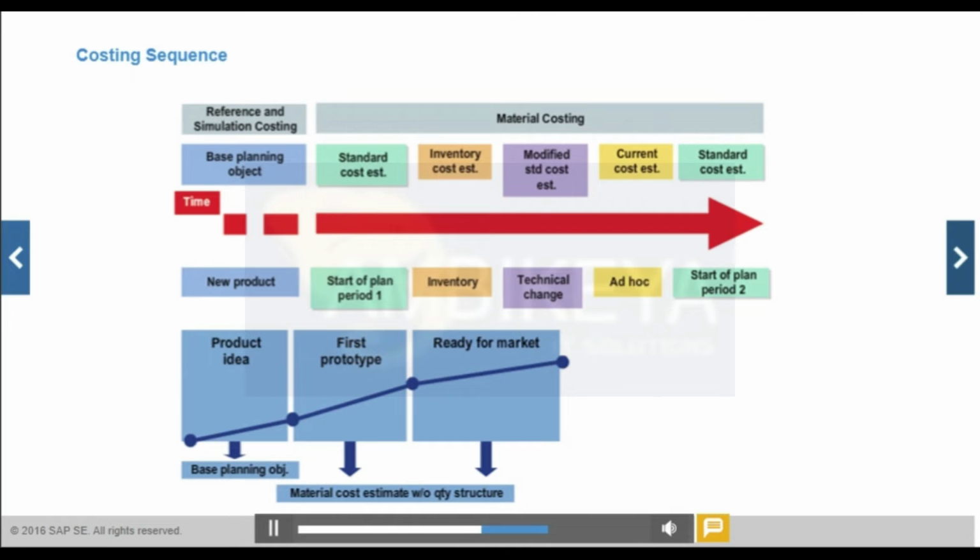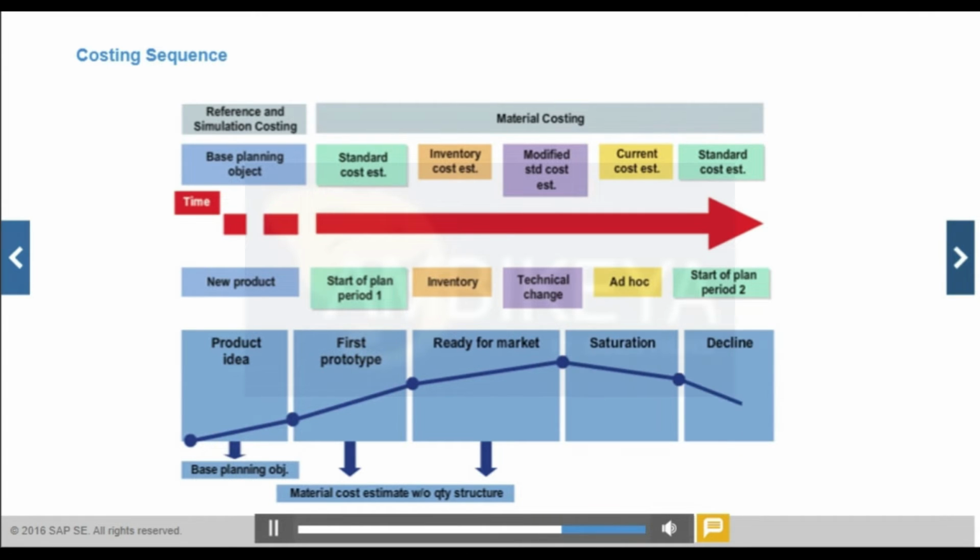Two methods are available for material cost estimate planning without a quantity structure: unit costing and multi-level unit costing. Unit costing allows you to plan the cost per unit of the material without detailing the cost of each production phase. Multi-level unit costing enables you to plan cost at assembly level without requiring production BOMs.